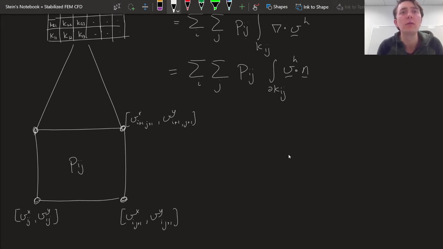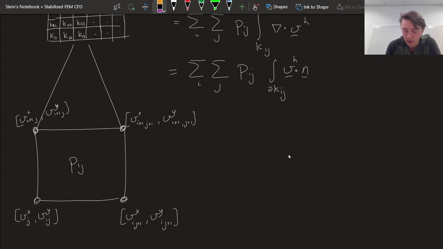Hope that's visible. And here we have vi plus 1, j in x and in y. Okay, so that's now our degree of freedom numbering. So that's going to be the p and the v that we needed.